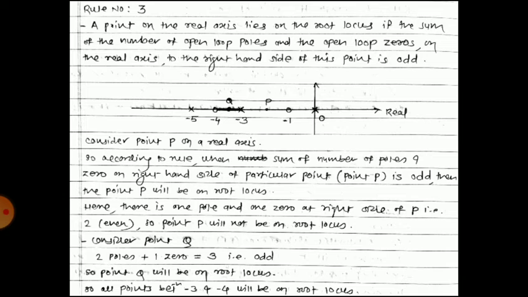So point P will not be on a root locus. Point P is in between -1 and -3.